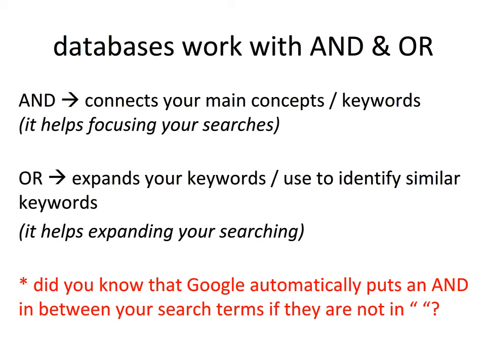And it connects your main concepts or your keywords, and it helps focusing your research. Or is used to expand your keywords to identify similar ideas, and it helps expanding your searching. And by the way, did you know that Google automatically puts an and in between every single search term you type in if they're not in quotations?